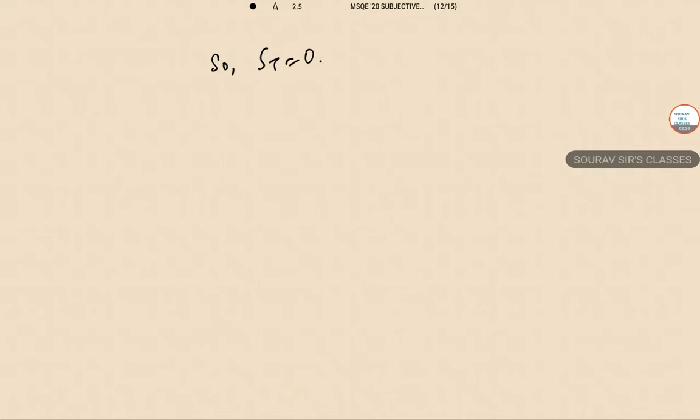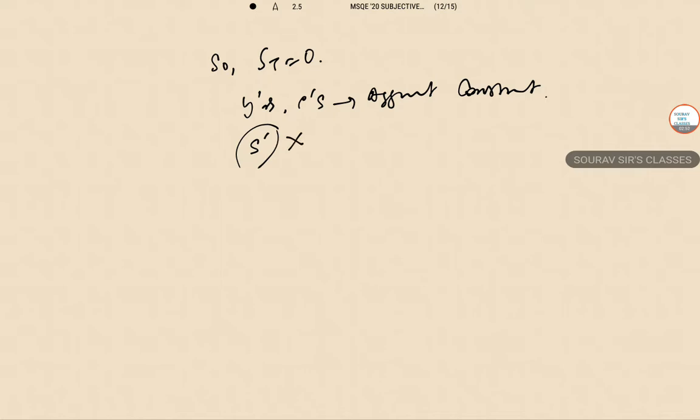So to get the aggregate constraint in terms of y's and c's, we need to eliminate the s's. The s's need to be eliminated from the constraints.